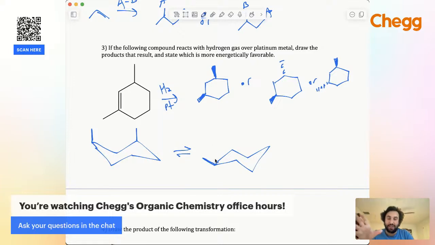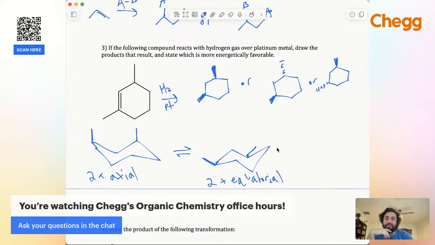Necessarily, that's just how those bonds are oriented at that carbon. Then once again, we go two clockwise, and we have another methyl up. And again, on this carbon, that happens to be the equatorial position. So here we have two axial, and here we have two equatorial.